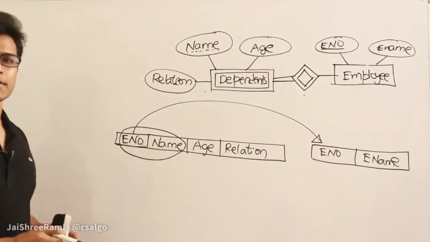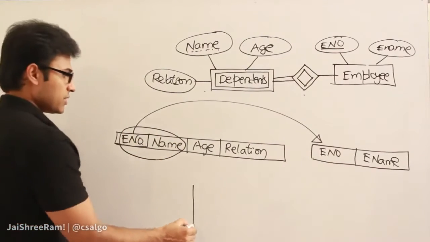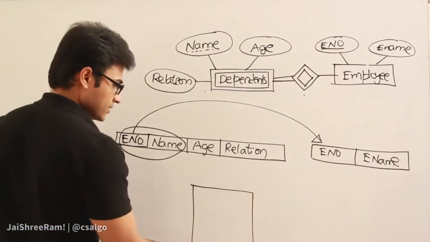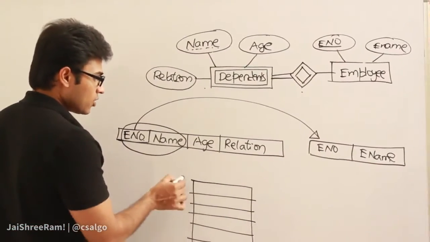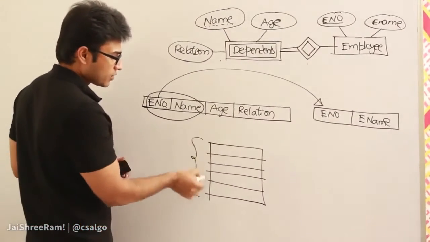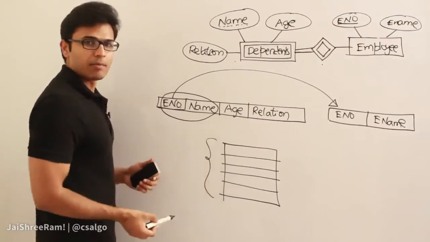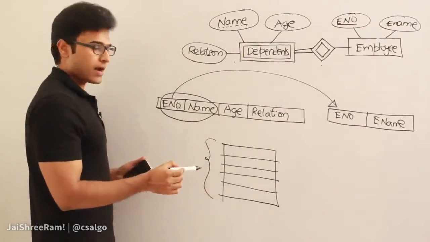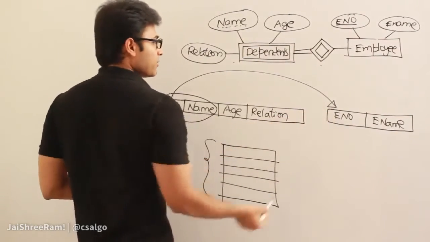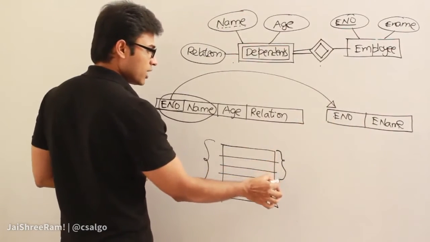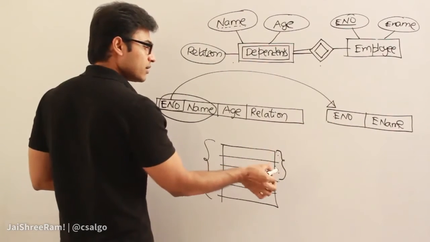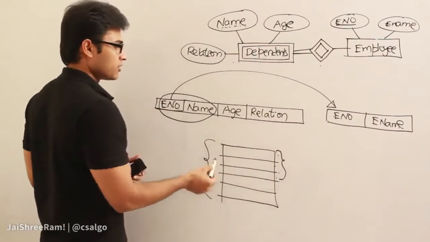What I mean by partial key is, if you have a table like this, right? Given that partial key alone, you will not be able to identify a tuple uniquely in this table, but given the partial key and the employee number, which means for a particular employee the dependents will be only few, and in this few, given that partial key, you will be able to identify that particular tuple.